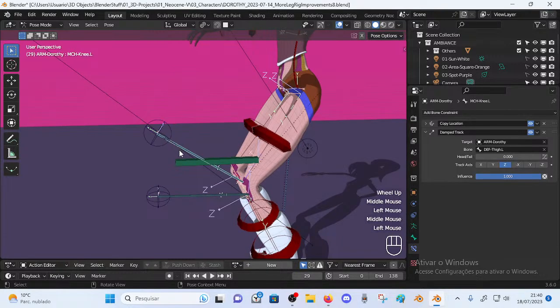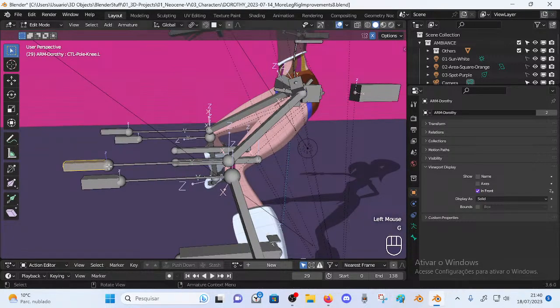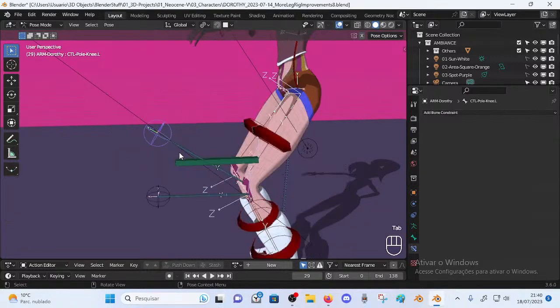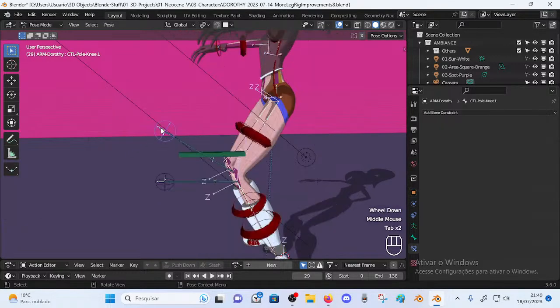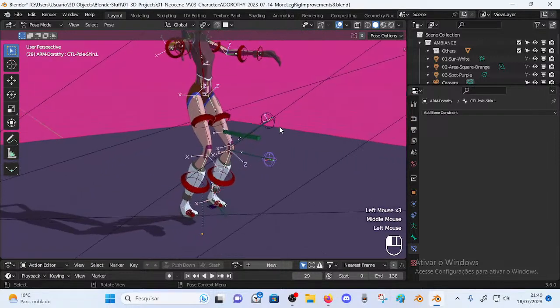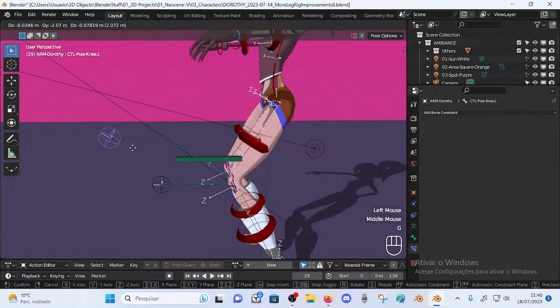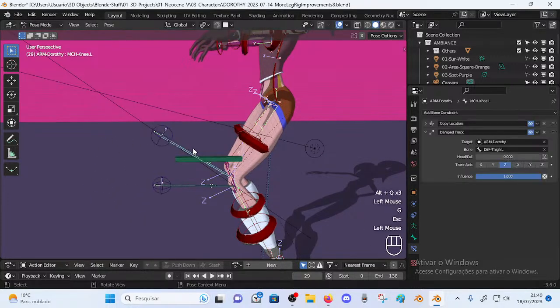Because the pole targets are parented to them, they tend to start at the rest pose, rest position, and it automatically adapts. Of course, they could have bone constraints of their own. In this case they don't have. Because they are parented with offset, I can move them freely, and they reset at these positions.